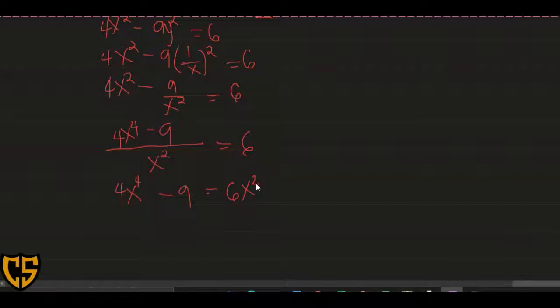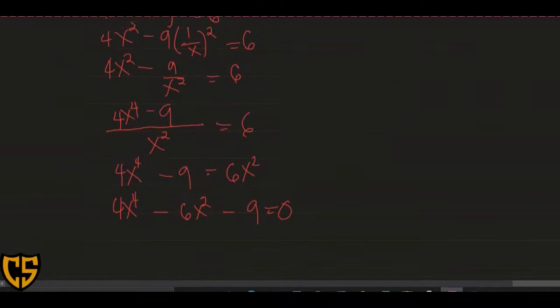We are going to reduce this to quadratic form, but first we transpose the 6x squared and equate this to 0. Our equation will be 4x to the fourth minus 6x squared minus 9 is equal to 0.